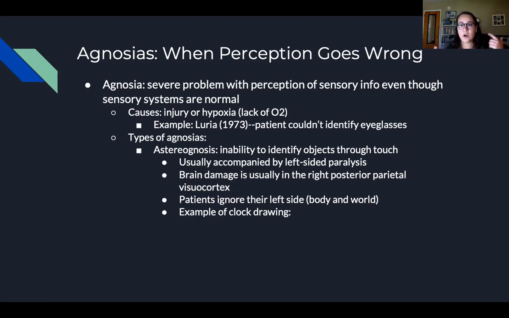So again, remembering contralateral control, the right side of the brain is damaged, and that's therefore resulting in left-sided paralysis. And so the right parietal, so up in the upper lobe at the top of the brain, visual cortex is what's damaged in this case.